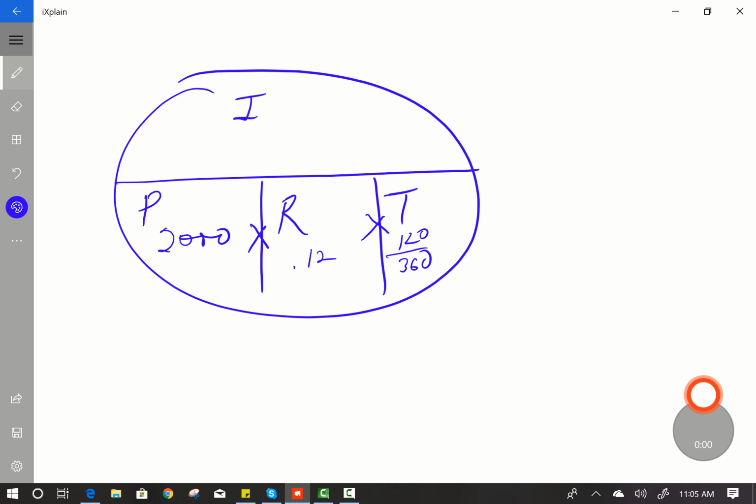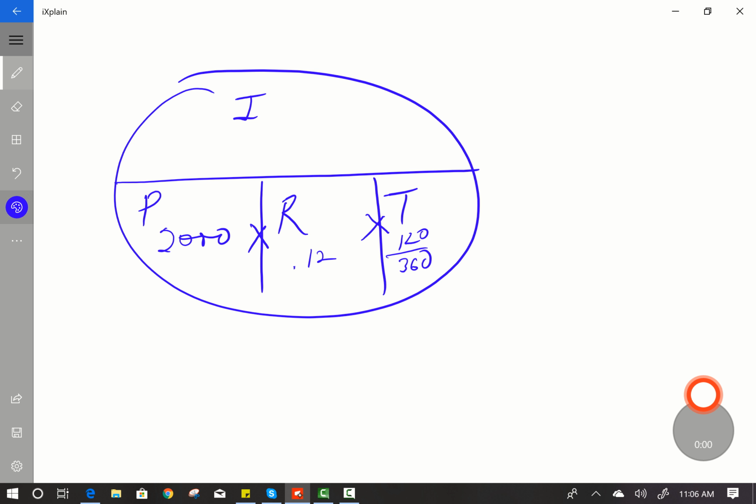So if I calculate 2,000 times 12%, or 0.12, times the time of 120 divided by 360, that equals $80.